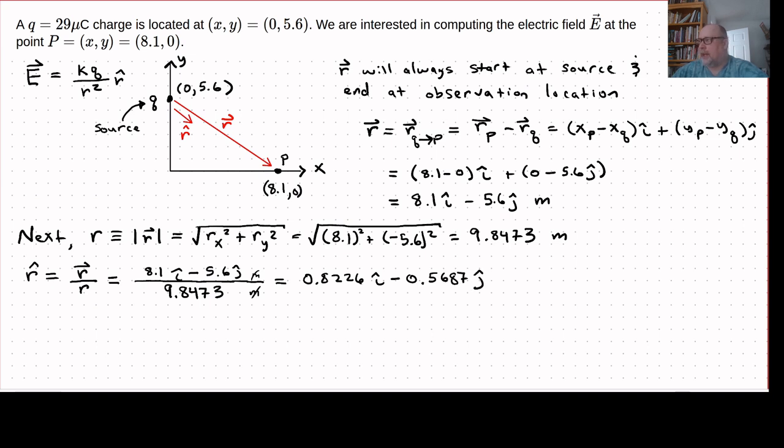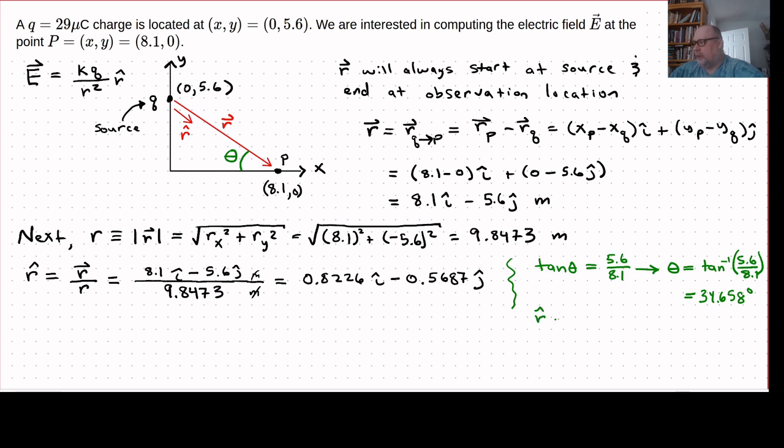Alternatively, you could find this angle up here, which is theta. Tangent of theta in this case would be opposite over adjacent, so that would be 5.6 over 8.1. You could do an inverse tangent of that ratio and end up with an angle of about 34.658 degrees.